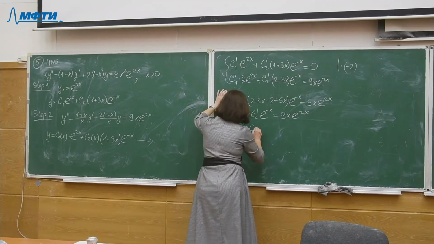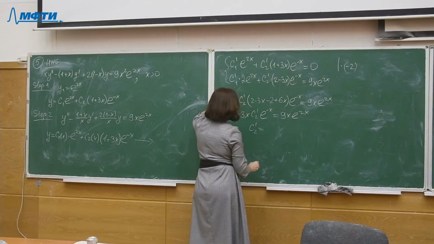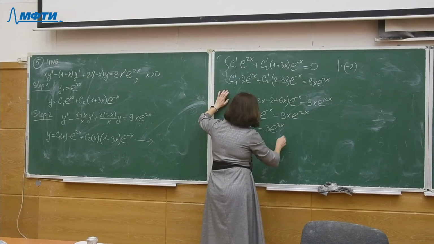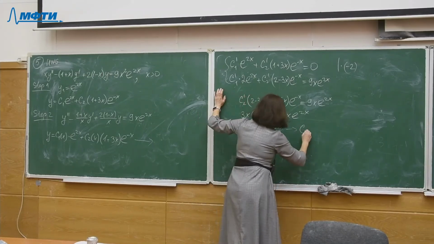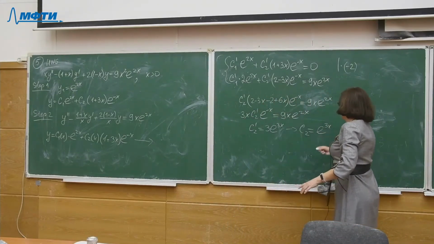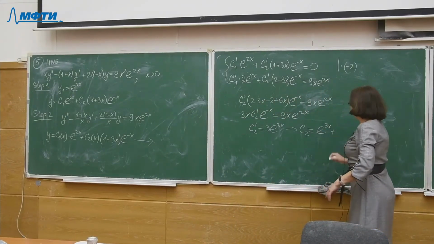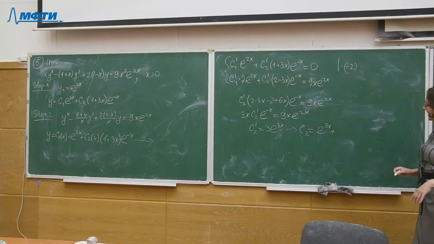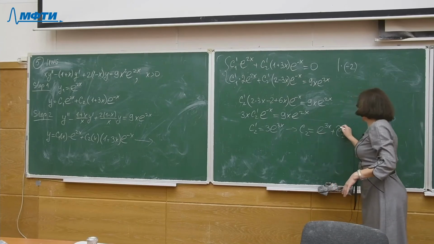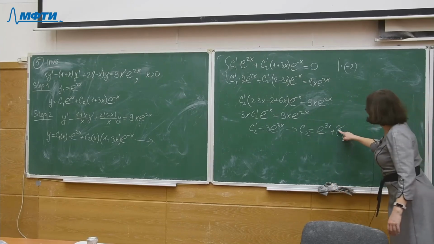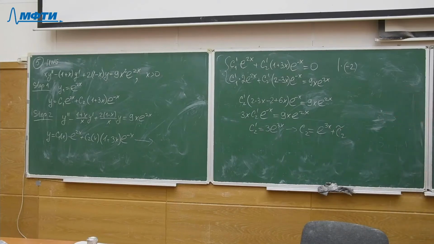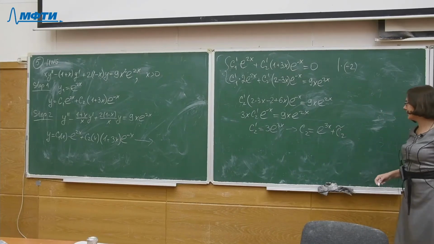Then from which we have C2 prime equals 3e to 3x, and so C2 is equal to e to 3x plus something, right? Plus C2 tilde. Let it be C2 tilde, because the constant must be included.